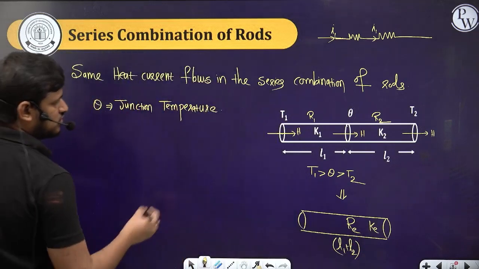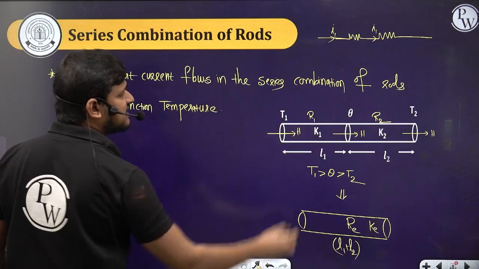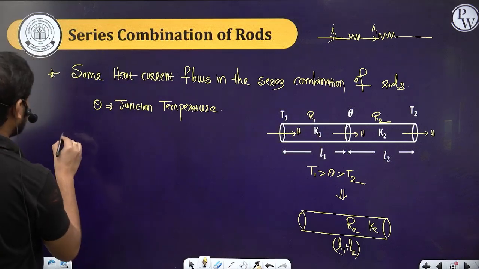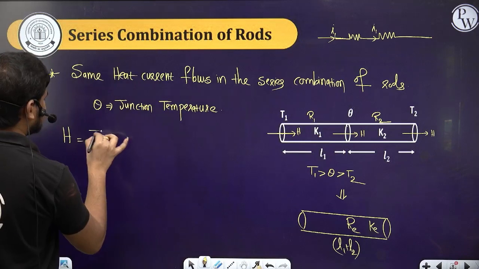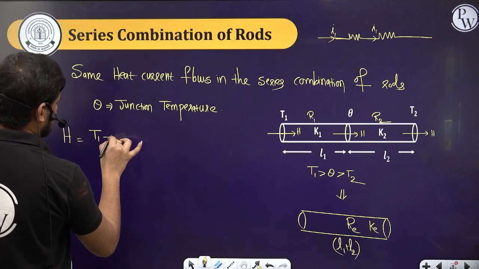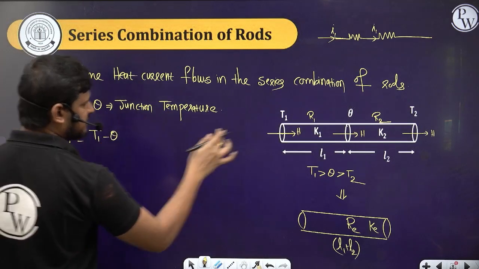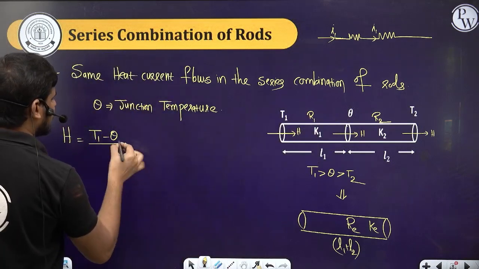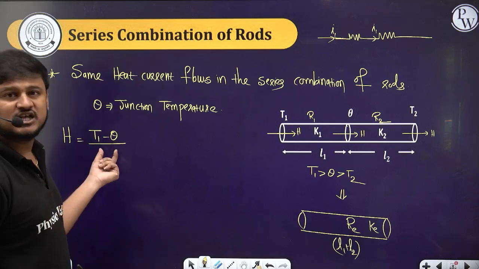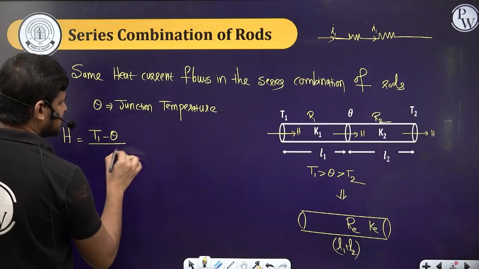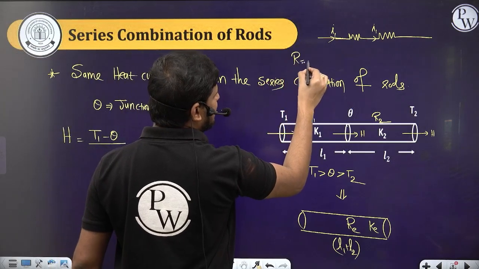Now for the first one, let me write the heat current formula. The heat current H for the first part is equal to T1 minus theta divided by the thermal resistance. The temperature difference by the thermal resistance, where R is equal to L by KA.